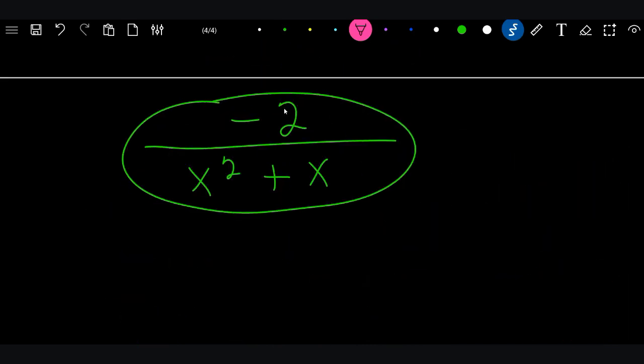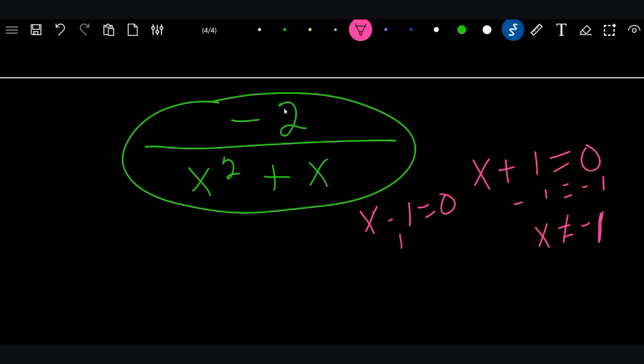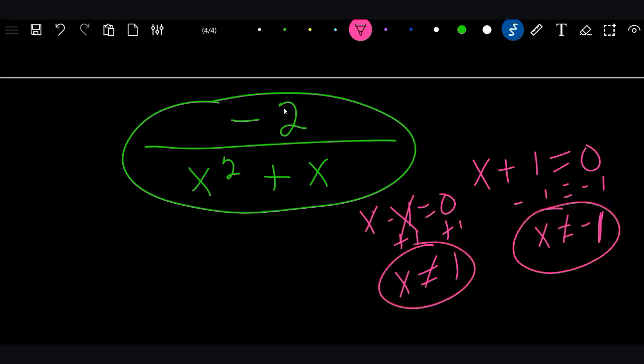So we have to cancel those out. So x plus 1 equals 0. So switch it over to the other side. x cannot equal negative 1. And then we also had x minus 1 equals 0. Switch it over to the other side, and we find out that x also cannot equal positive 1. So those are the two excluded values.